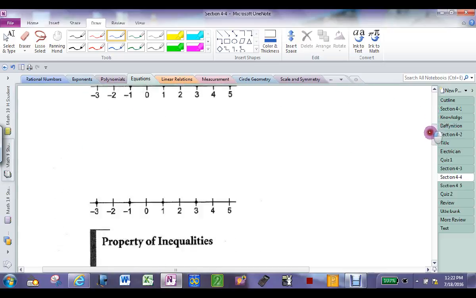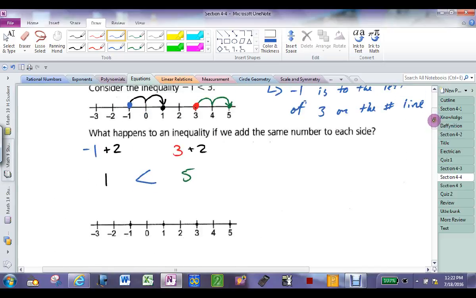Because 1 is left of 5. That's why. As you said why, so I said because 1 is left of 5. Yes? Great.